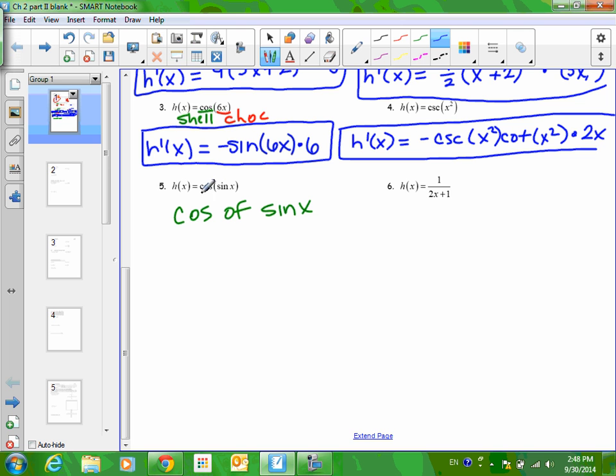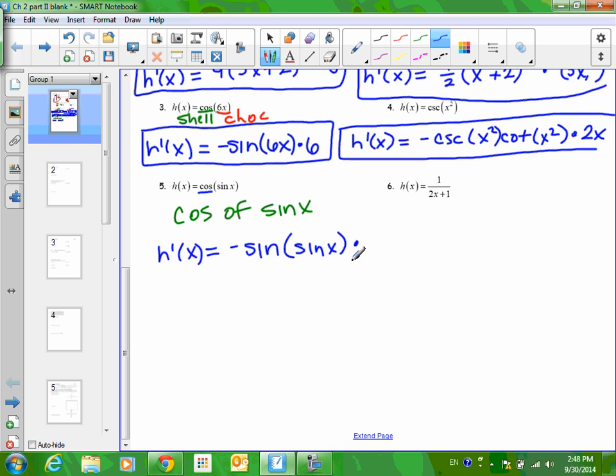This means that I have a shell and a chocolate, an outside and an inside function. So we start by taking the derivative of the outside function, which is what? Negative sine. And since it's cosine of sine x, the derivative would be negative sine of sine x. Remember, the inside part stays the same initially.